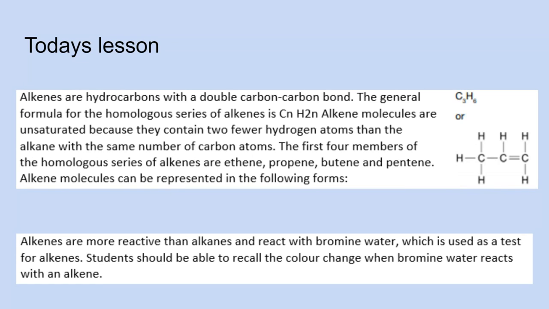They've got a general formula that we can use to work out how many carbons and hydrogens they have. You need to be able to name them, and represent them in their formula version and their structural displayed version. You also need to know the test for alkenes and the colour change that occurs with that. Okay?